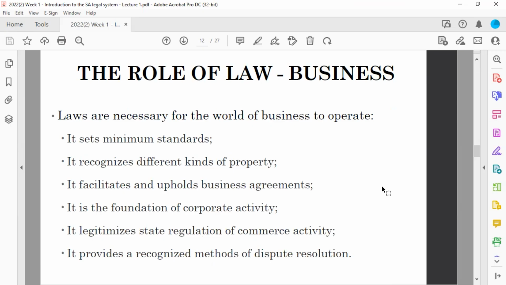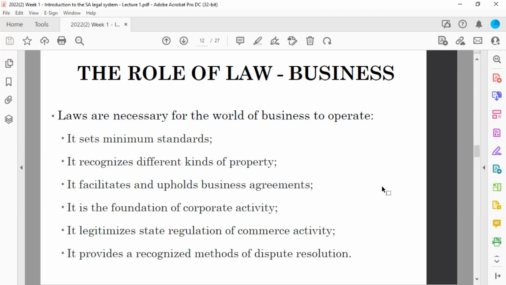I put this in a test for either 4 marks or 6 marks, where I say, discuss the role of the law in business activities or in commercial activities. You would then list the roles of the law and discuss each one in a short sentence or two. So let's have a look at this.